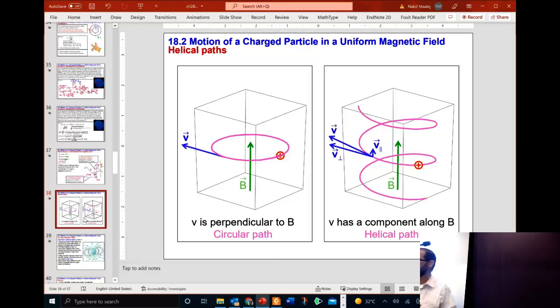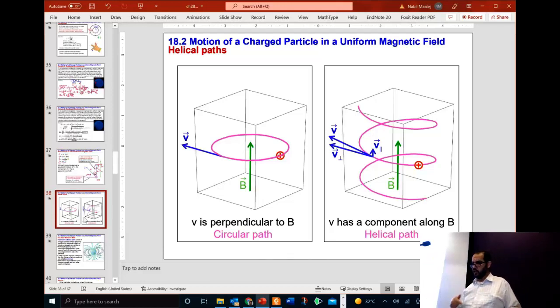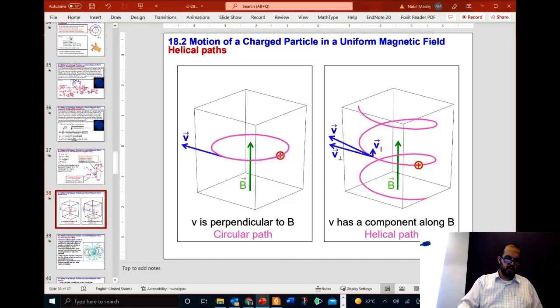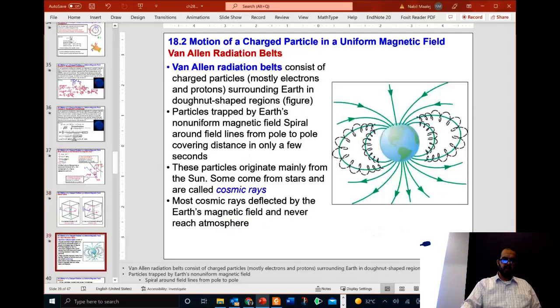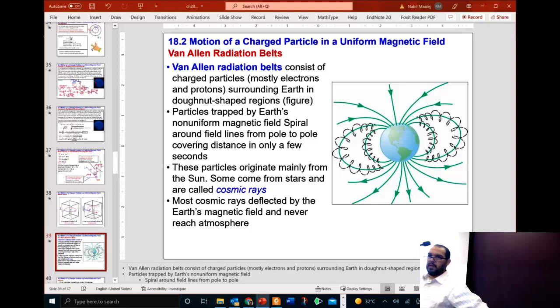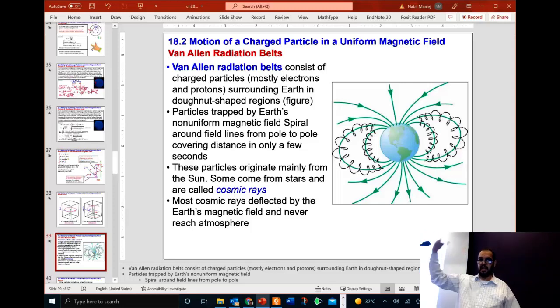There are certain applications where we actually want the particle to move in a helix, but in most applications we will see, the particles, either electrons or protons, will be moving in a circular path. So let me finish by speaking about the Van Allen radiation belts. The Van Allen radiation belts are caused by cosmic rays, usually charged particles coming from outer galaxies.